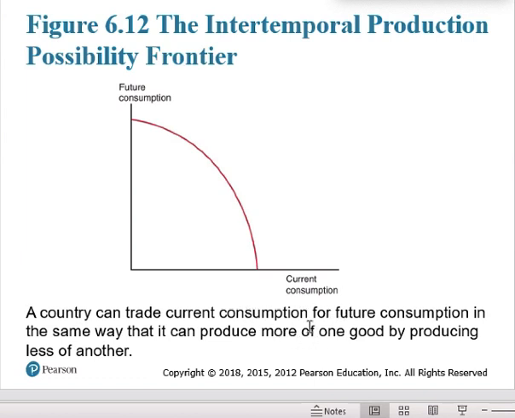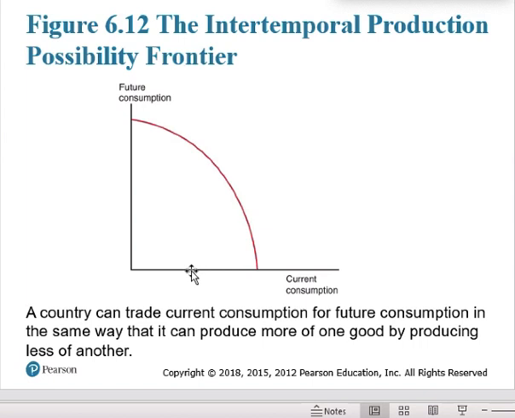But the difference is that on the x-axis we have current consumption, and on the y-axis we have future consumption. So this is what you can produce in the future, and this is how much you can produce right now.